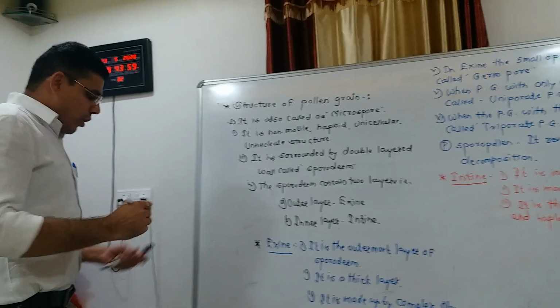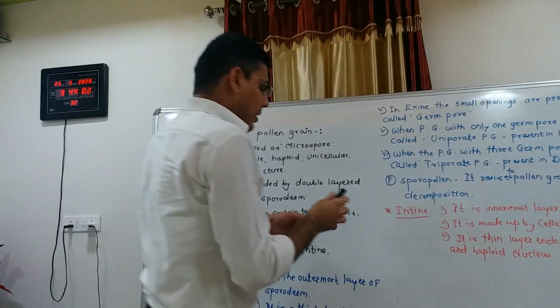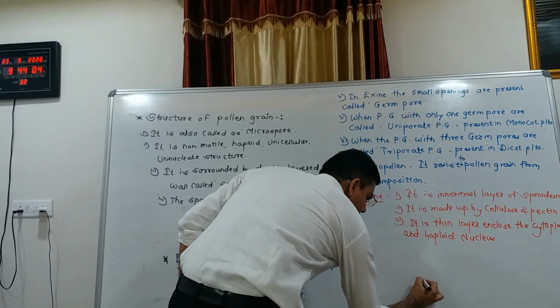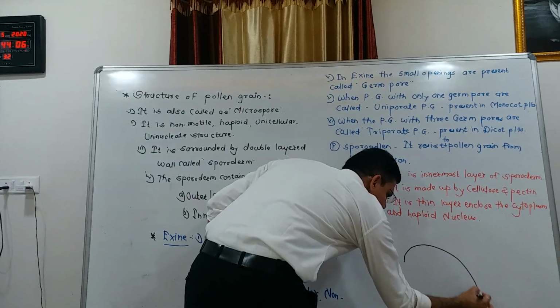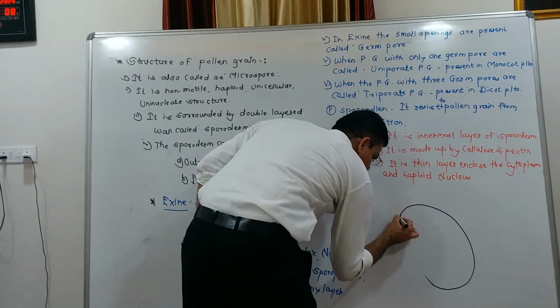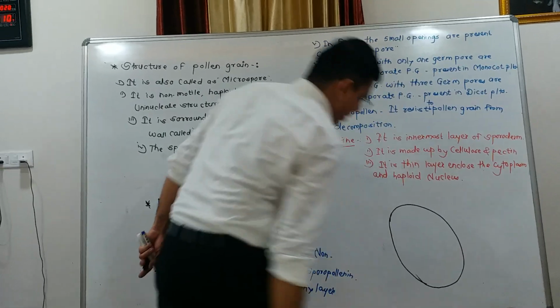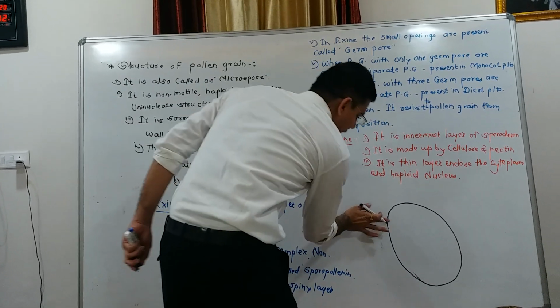Okay, so this is the actual structure of the pollen grain. In the pollen grain the outer layer is called exine, and the inner layer is called intine.